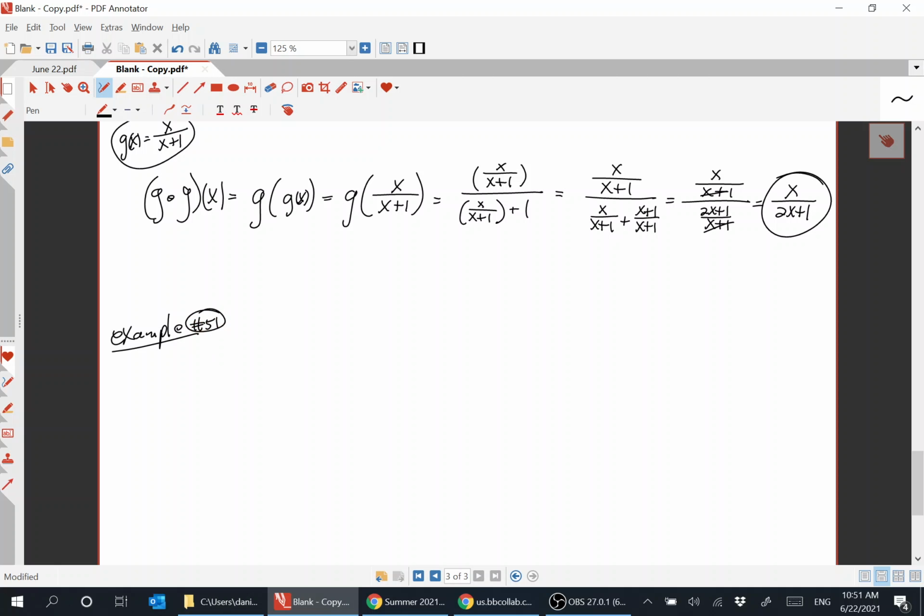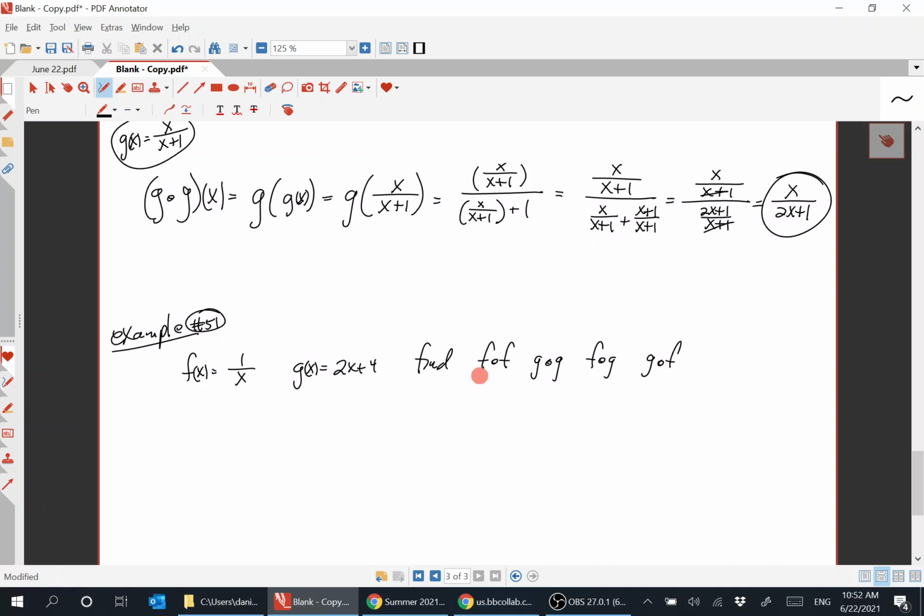So we've got f of x is 1 over x. g of x is equal to 2x plus 4. All right, find f following f, g following g, f following g, g following f.